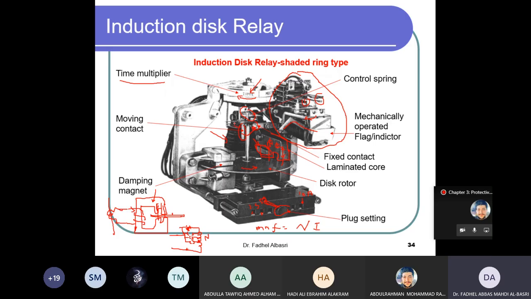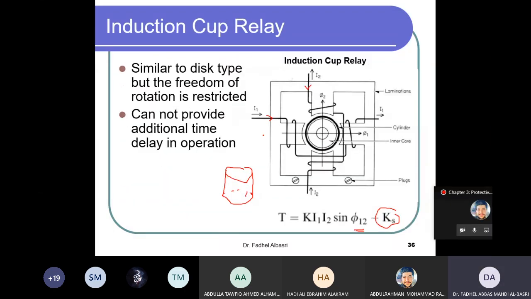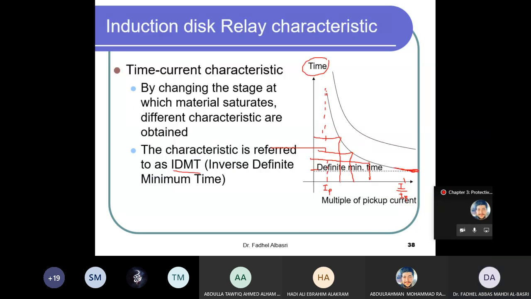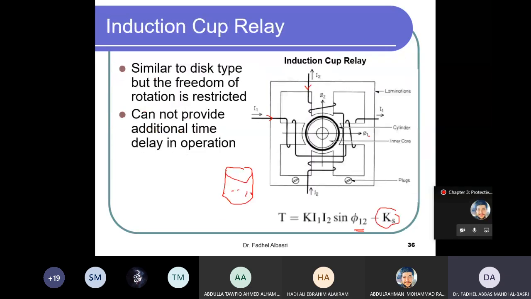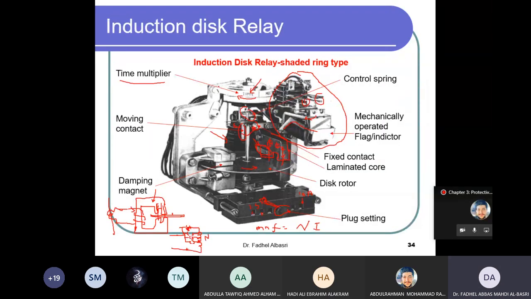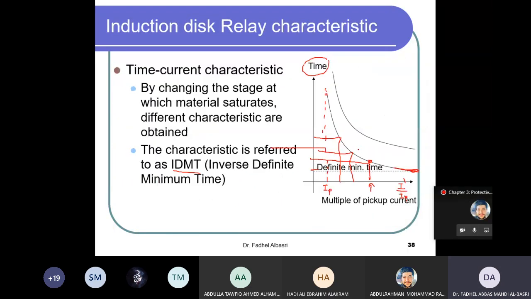By moving this further from the moving contact, further from the fixed contacts, I'll be able to make the operating time longer. Even if you inject this current, at that setting it will be this. Now, if I move this farther away with this knob, it will take a longer time.